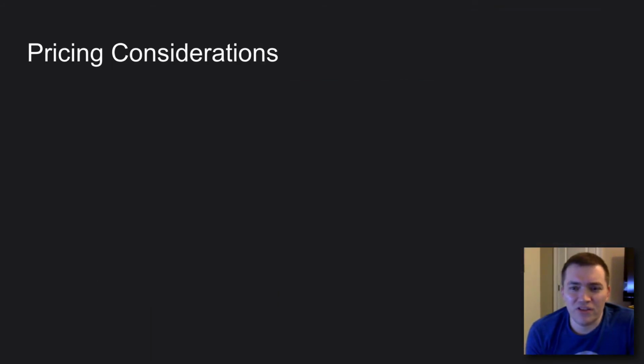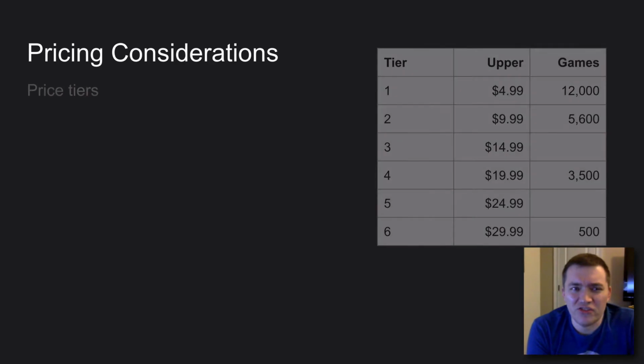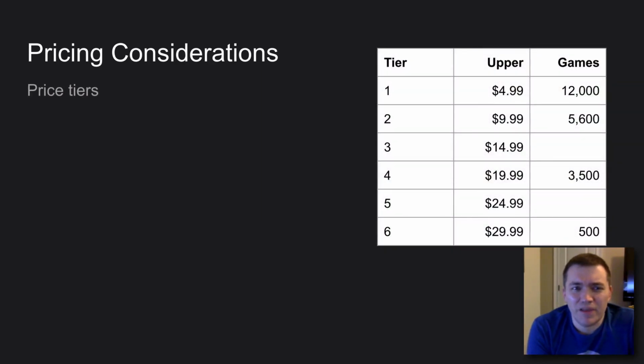The other thing is to figure out how you're going to price your game. If you do a little research into pricing an indie game, you'll find that there are price tiers out there. Price tiers just mean that buyers look at games in a particular price range, all of those about the same price.